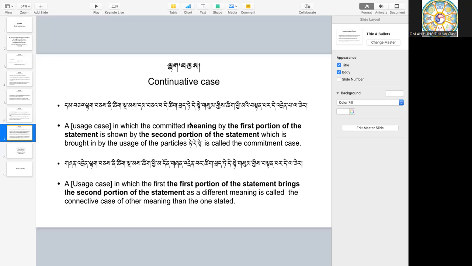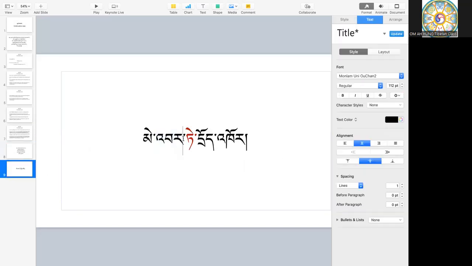Normally, we just call them by different names as components of a statement. Like in the inclusive case, it was the inclusive word and the inclusive meaning. During the third grammatical case, it was the subject and the action. Similarly, in the continuative case, the first portion of the statement is the first action.